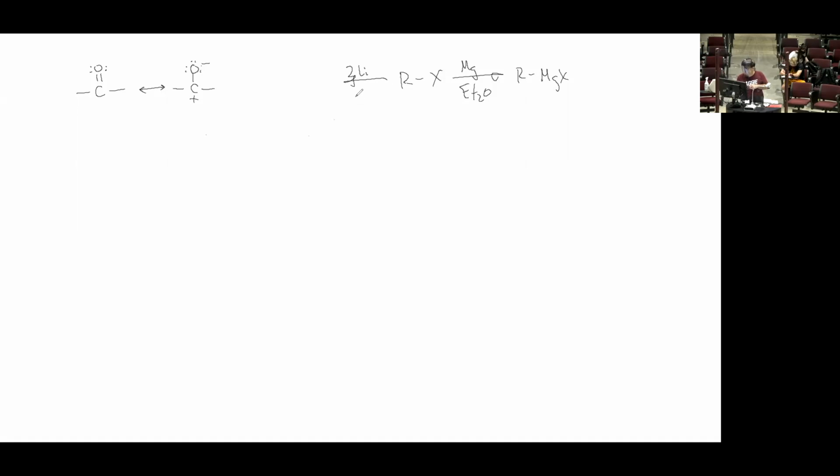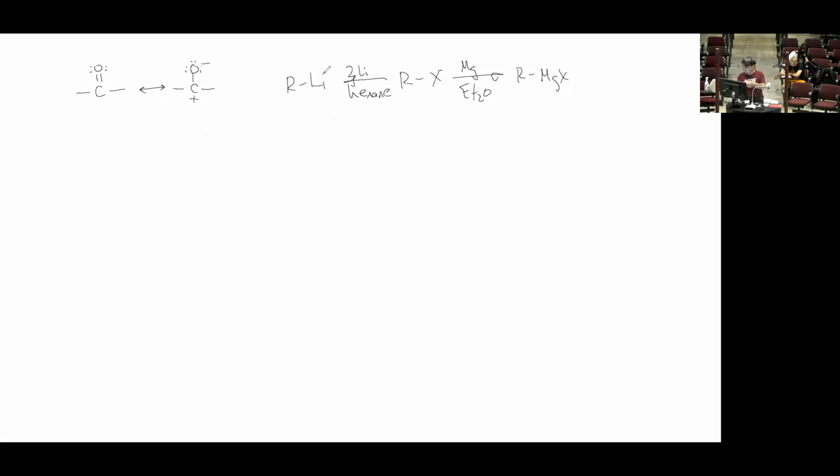We said that you could take pretty much any alkyl halide you like and react this with magnesium metal in a polar aprotic solvent such as diethyl ether, and you will get the corresponding Grignard reagent. The magnesium inserts into the carbon-metal bond. We also said that you can take an excess of lithium metal.